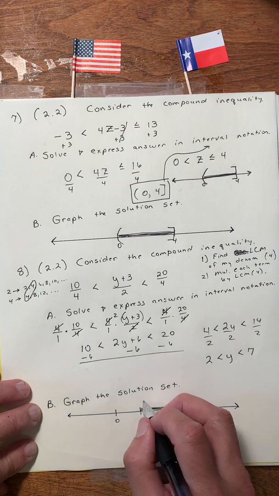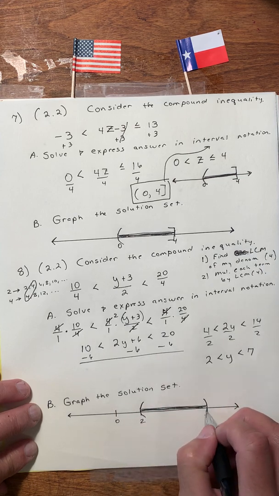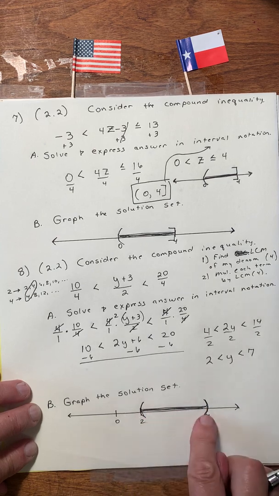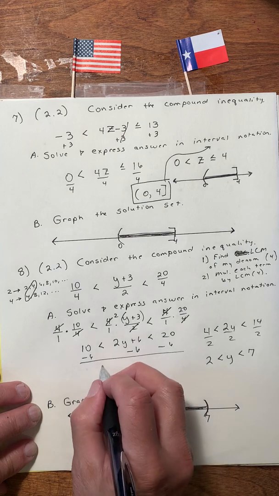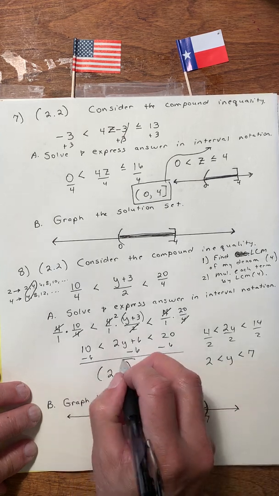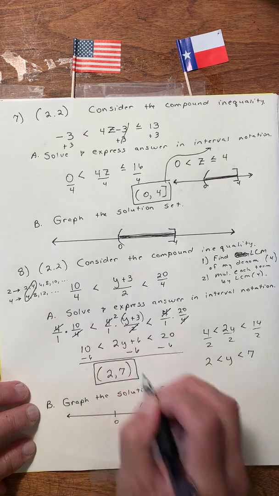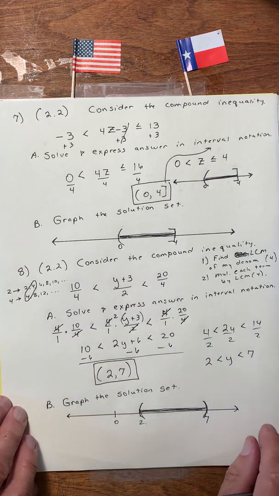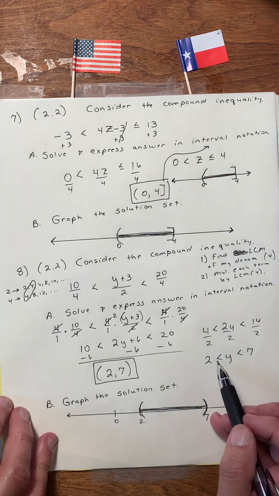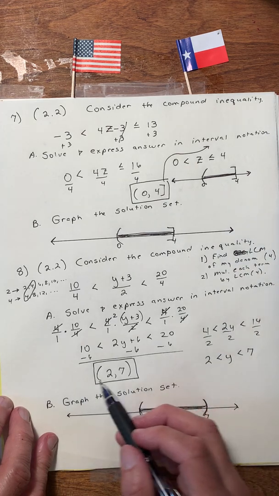No equal sign, so I got me some parentheses. And this is my indicator of what the interval notation will be. Parentheses from 2 to 7 parentheses. Again, make sure you note if there is an equal sign for a bracket to be included.